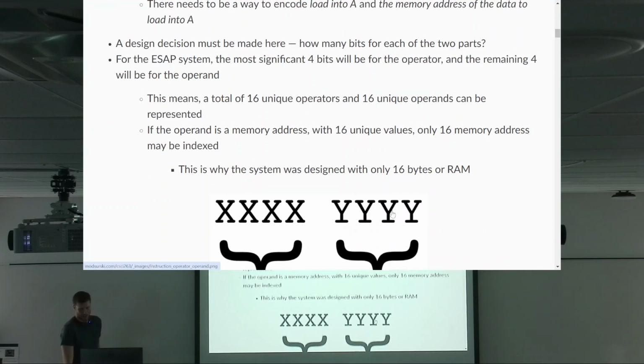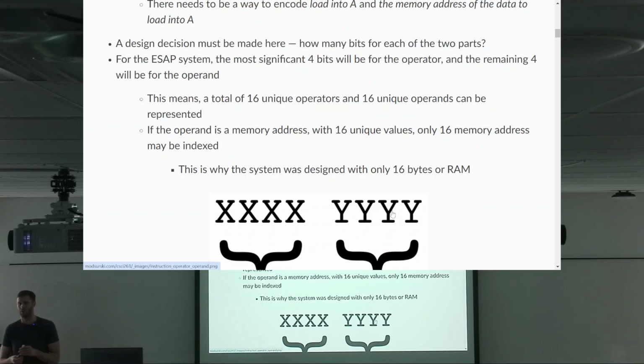You'll also notice if we go to the ESAP system, what we designed, it was always the least significant 4 bits that were coming from the program counter and also going to the address register. So the least significant 4 bits will be the operand, and the most significant 4 bits will be the operator.